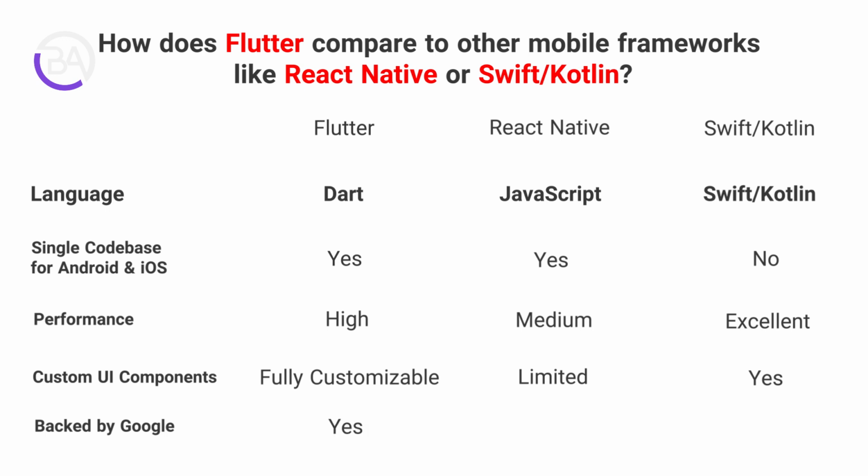So Flutter is supported, but React Native and Swift and Kotlin, no. If you want a fast, modern, and efficient way to build cross-platform apps, Flutter is a top choice. Actually, I want to say fantastic choice, but it's a top choice.